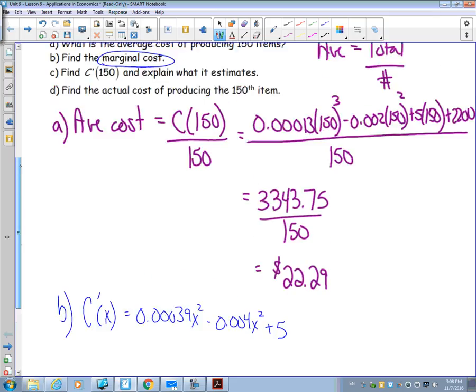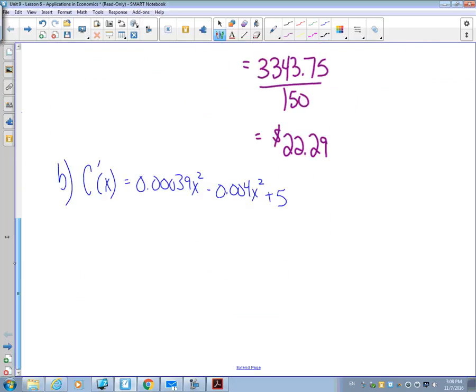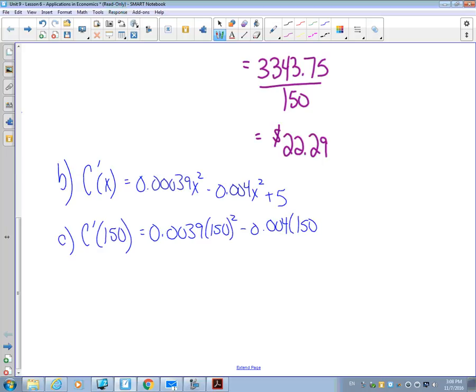Okay, part C, I want to figure out the derivative at 150 and then explain what it means. So I'm going to replace all my x's with 150. Actually, that's not a squared anymore, sorry guys. That should just be the letter x, 150, and then plus 5. We put that in our calculator and we end up with 13.18.